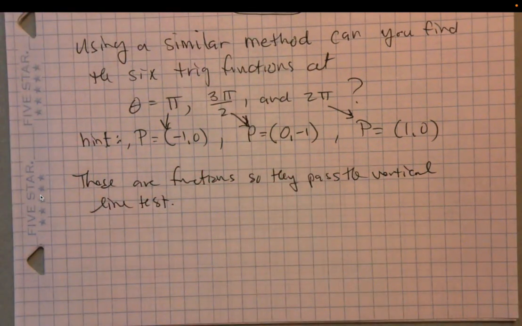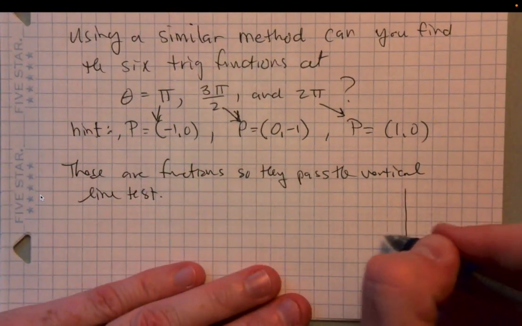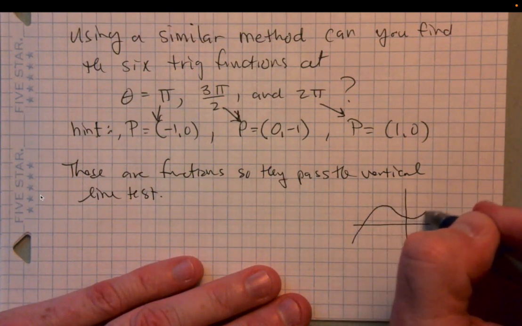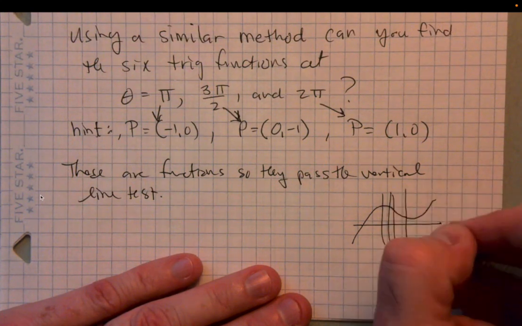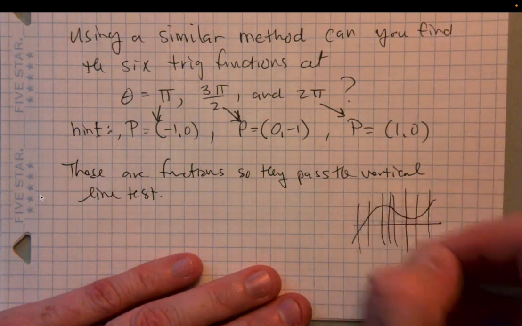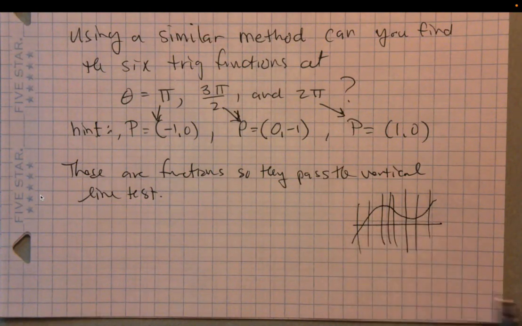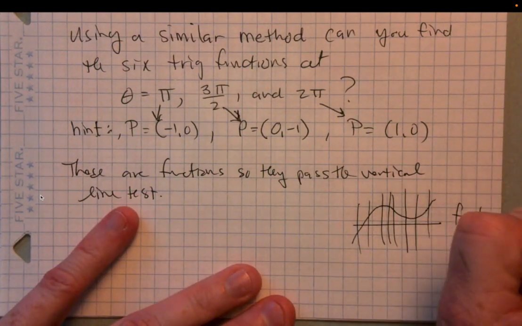That just means that if you draw vertical lines anywhere on the graph of the function, then you only intersect the function at a single point. So this would be an example of a function.